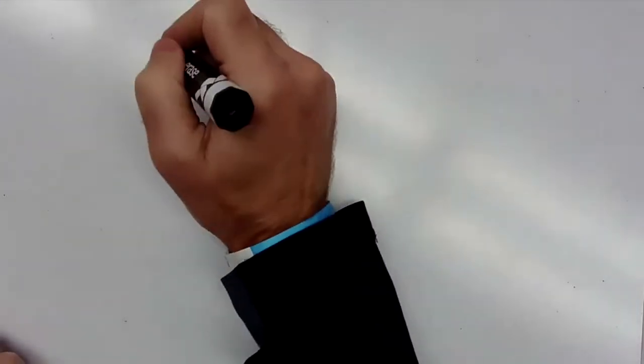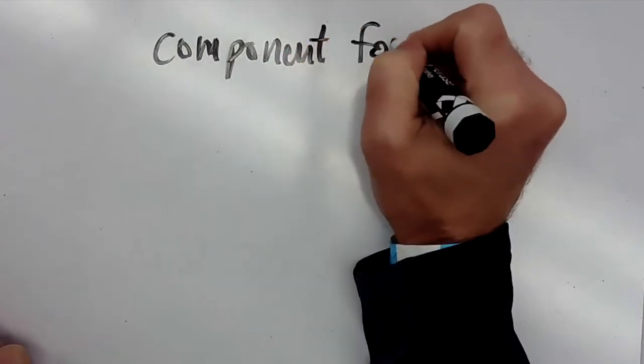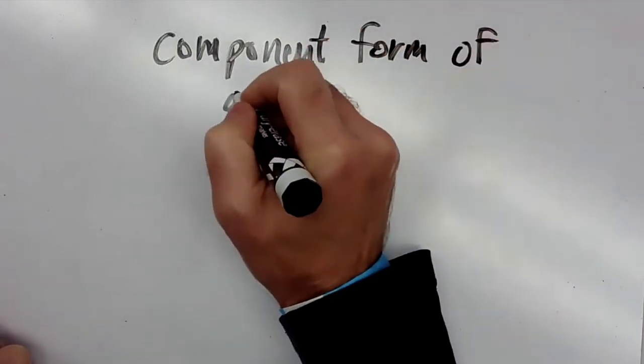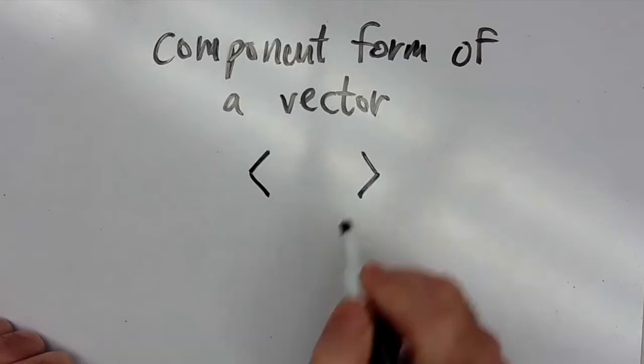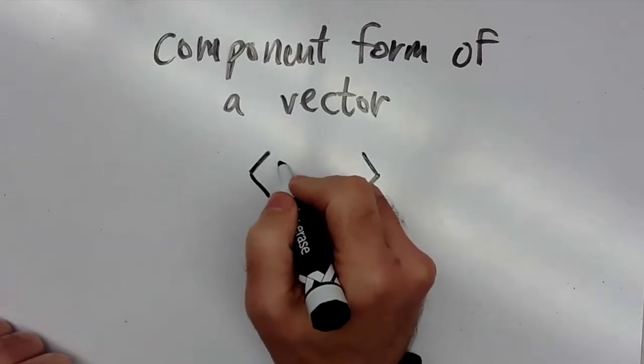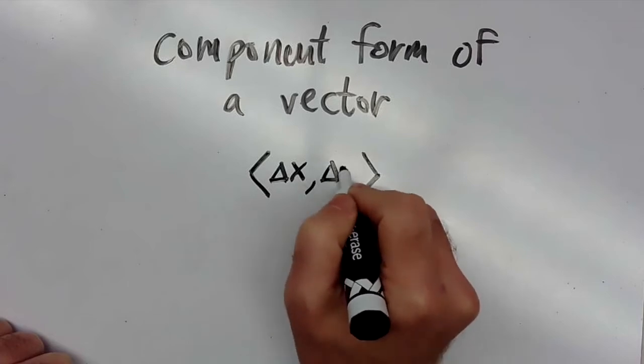Next, we're going to talk about the component form of a vector. It is written as delta x, delta y.